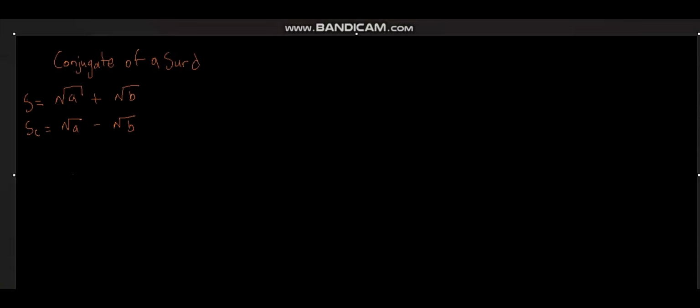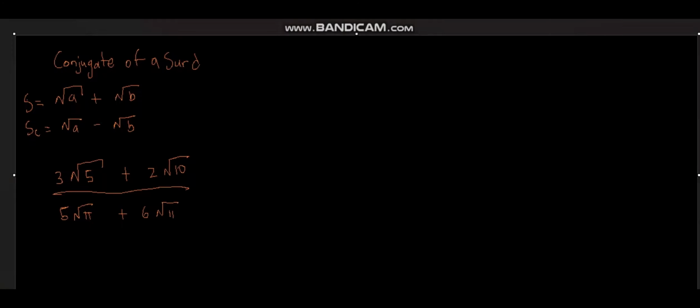So we have 3 root 5 plus 2 root 10 all over 5 root pi plus 6 root 11.